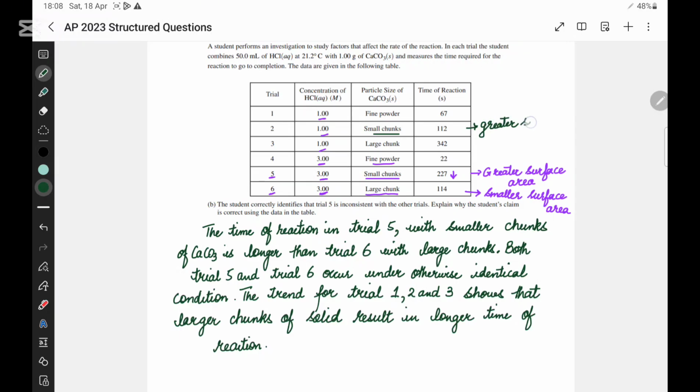So if it is having greater surface area, its rate of reaction would be high. So rate of reaction would be high in trial 2 as compared to trial 3, because it is having smaller chunks, having greater surface area, so the rate of reaction will be higher.